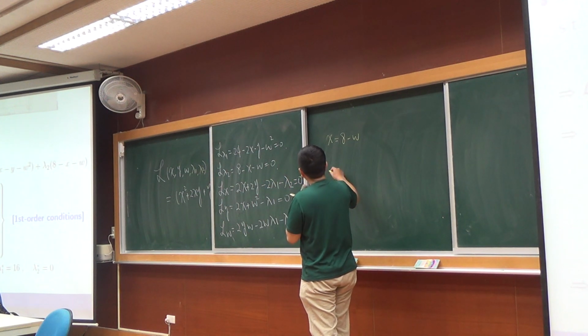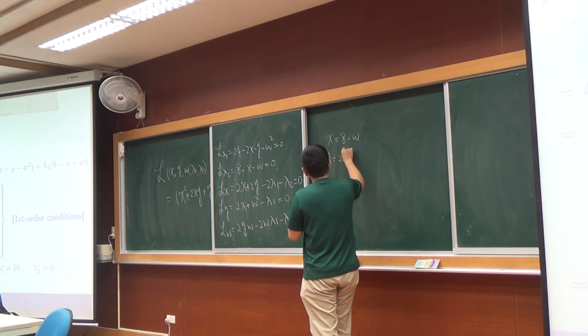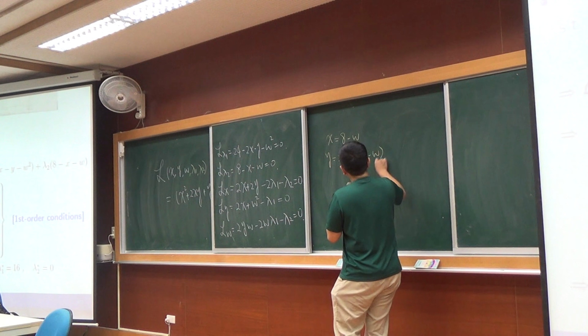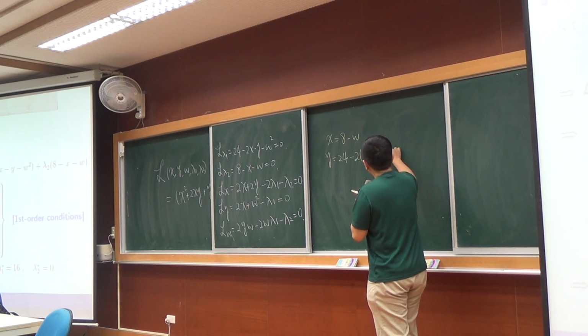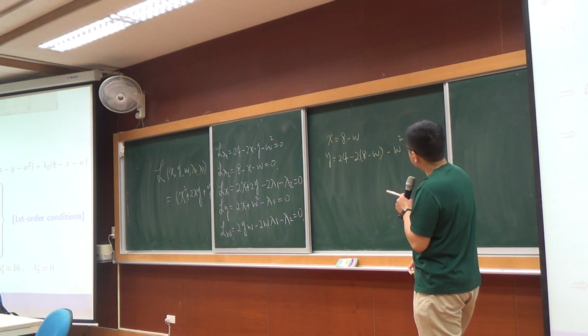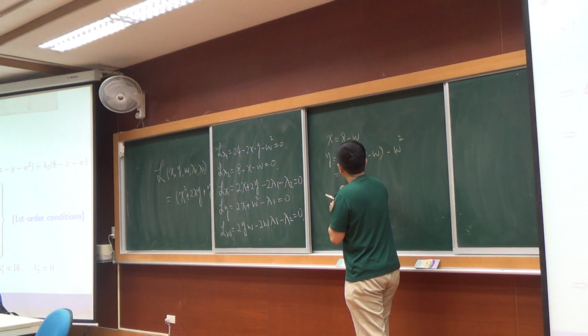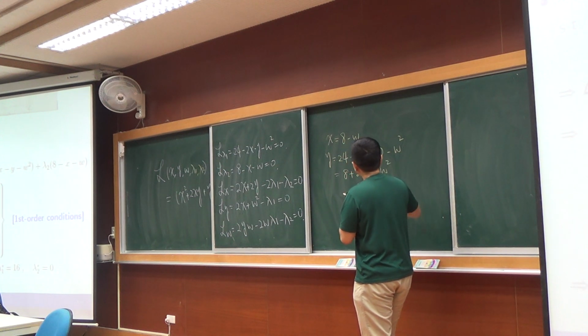So y would be 24 minus 2 times 8 minus w, minus w squared. Is that right? So it would be 8 plus 2w minus w squared.